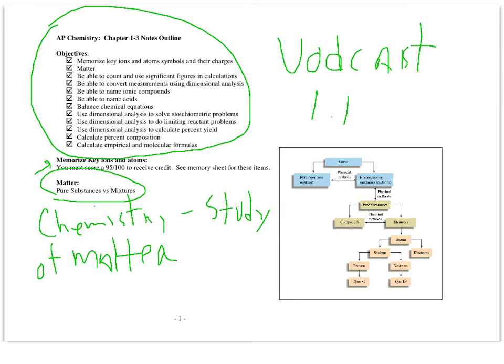Now, pure substances doesn't mean just oxygen or just copper, but it could be a compound such as water, acetic acid, calcium carbonate. A lot of different things are compounds, but they're also pure substances. And so we'll deal with those in class and in lab.